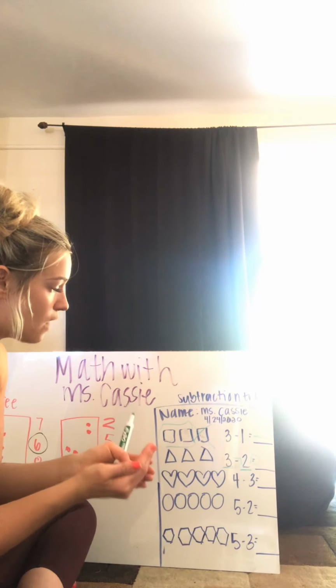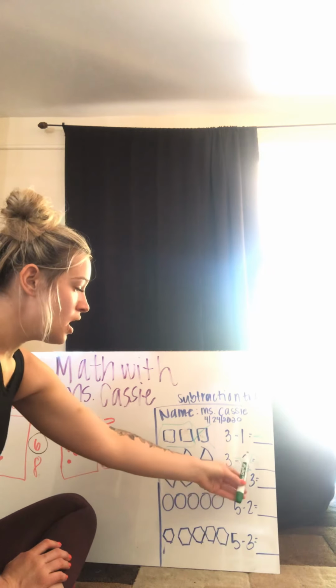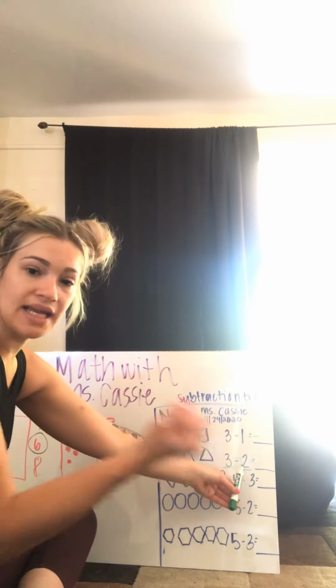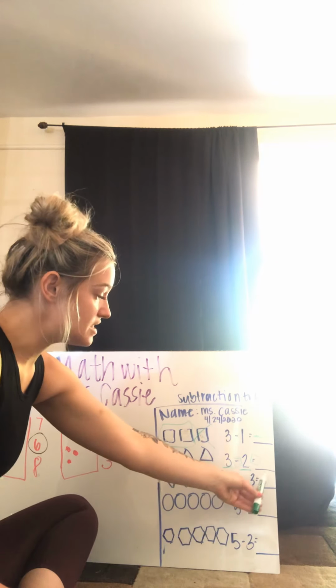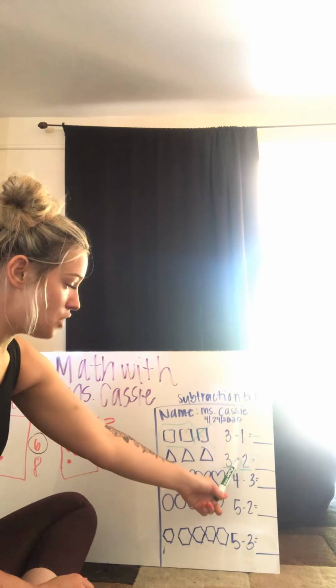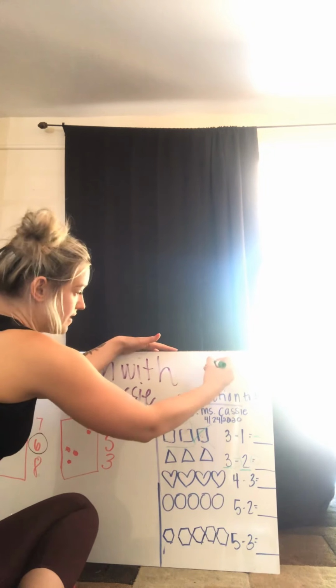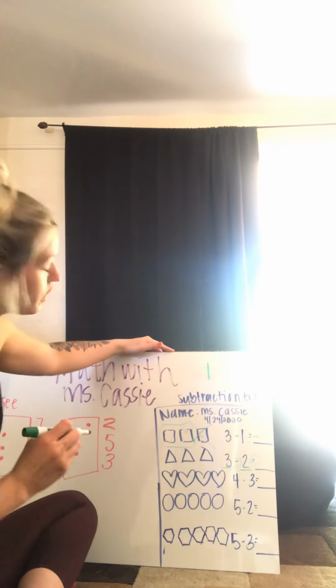So the first number we have is how many we have all together. The second number is how many we're taking away, and the third number is how many we have left over. And then they should automatically know that this is a minus sign, and that is an equal sign, and they should also know that this is an addition sign as well.